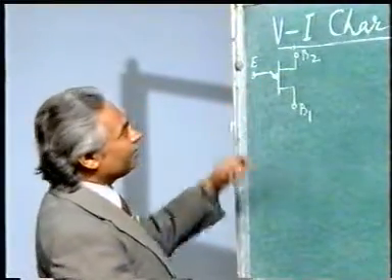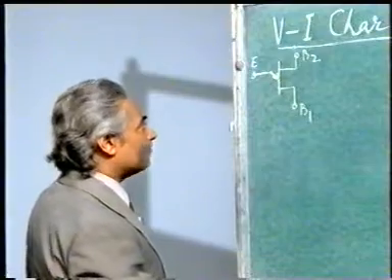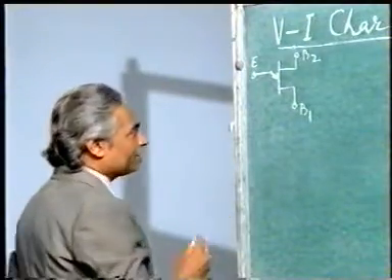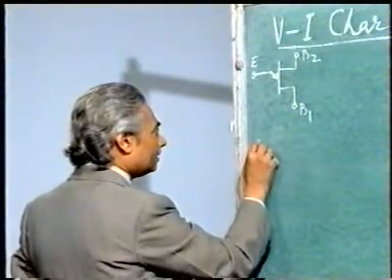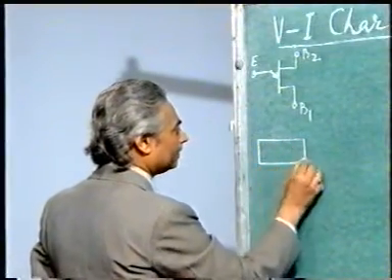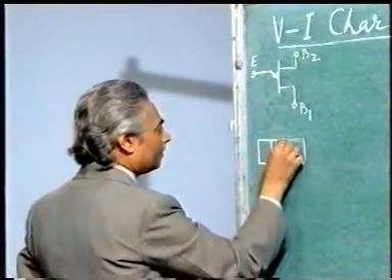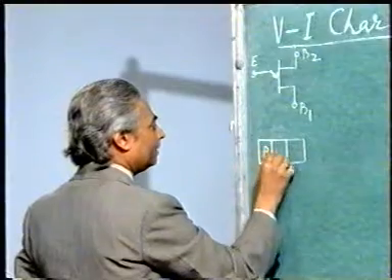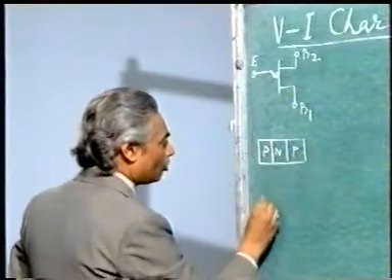And if I compare it with a bijunction, that is bipolar transistor, if I draw its layer diagram, the bipolar transistor could be either a PNP type or an NPN type.